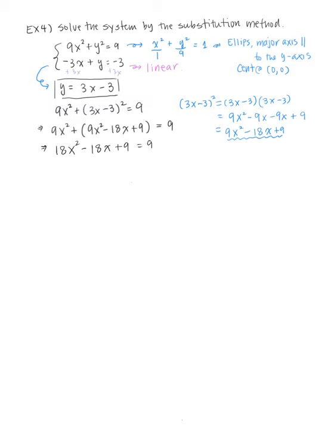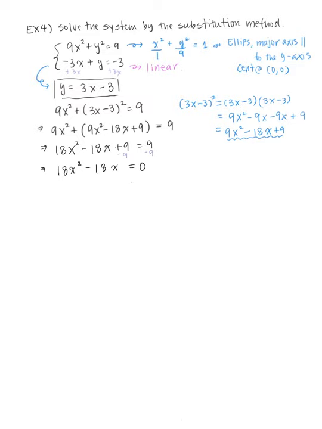Now what I'm going to do is subtract 9 from both sides and make the right hand side equal to 0. So then what do we got? 18x squared minus 18x. Oh, look at that. That's going to cancel out to be 0. So this is going to equal 0.